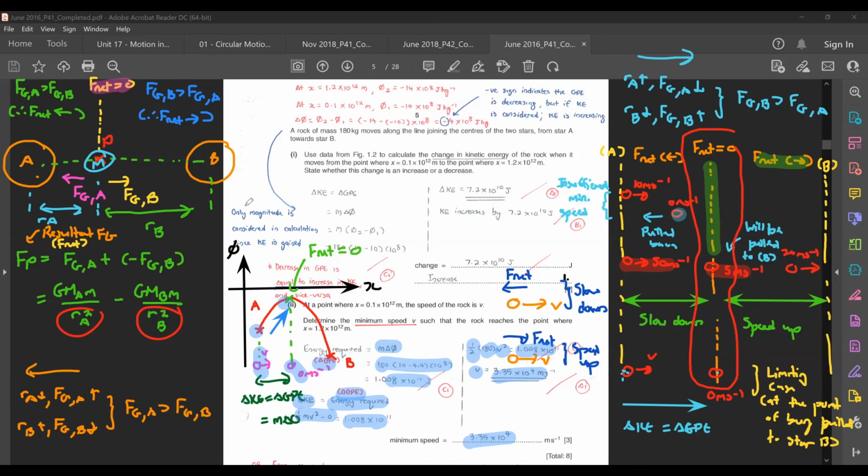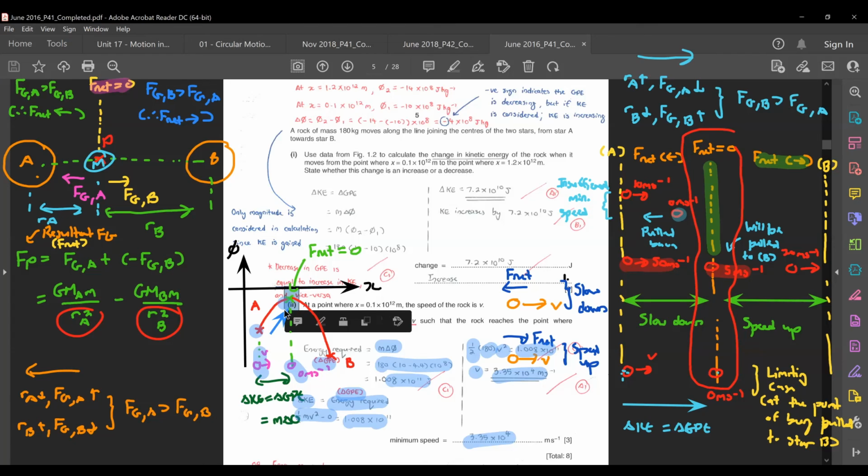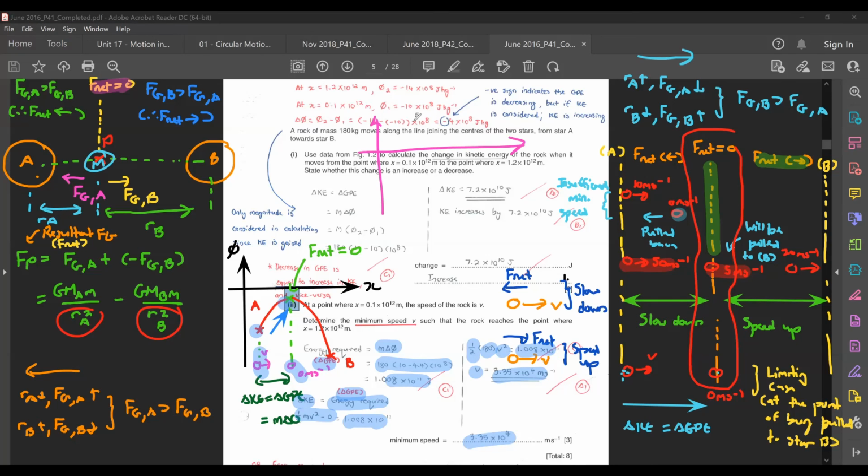How do we know for sure that the position of that graph is where F net equals to 0? How do I know this thing here is going to be F net equals to 0? Okay, this one is actually quite simple. I mean, it's very easy to see. Put it this way.